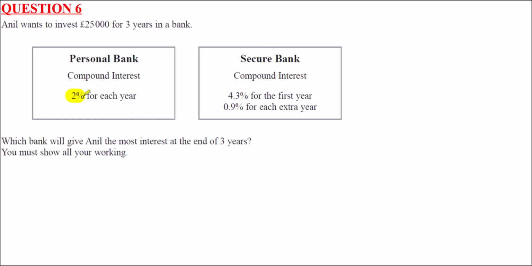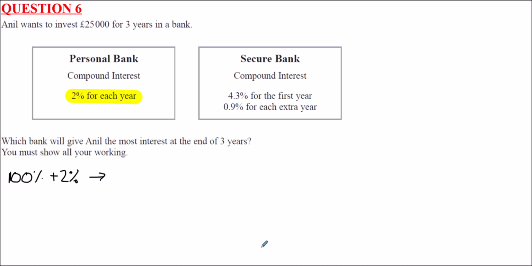What I'm going to do here, I'm going to convert these percentages into what I call decimal multipliers. So a decimal multiplier just means what decimal do I multiply the initial amount by each time 1 year goes past. Way to think about it is like this. Before anything happens to an amount, you always start with 100% of itself. For the personal bank, I'm adding on an extra 2%.